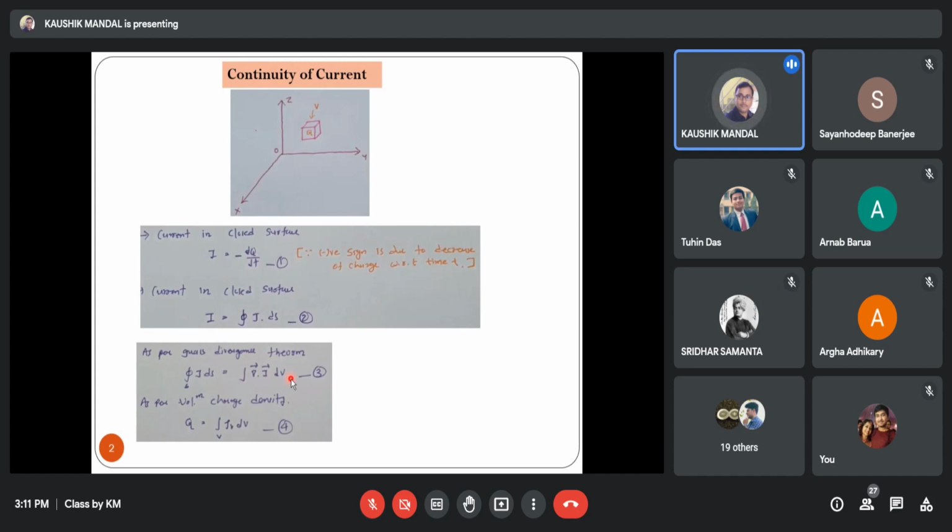Now, we know the relation between charge and volume charge density: Q equals the volume integral of rho v dv.